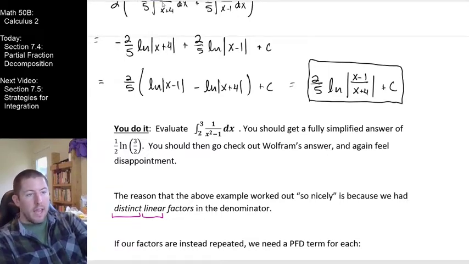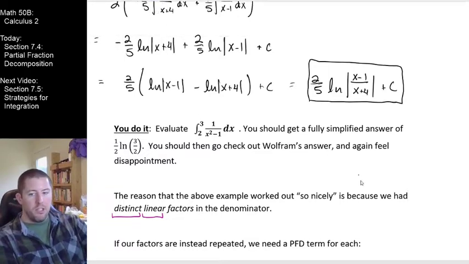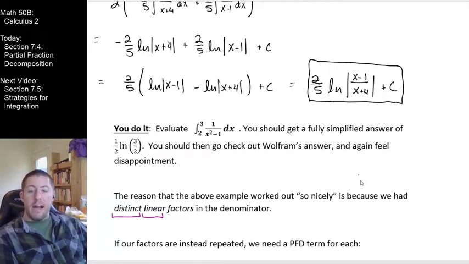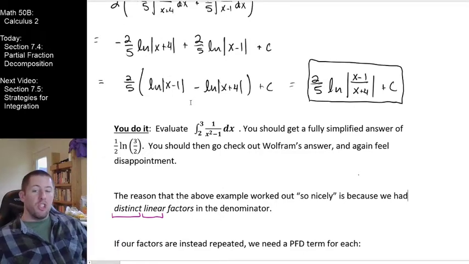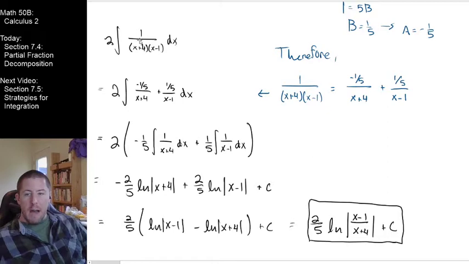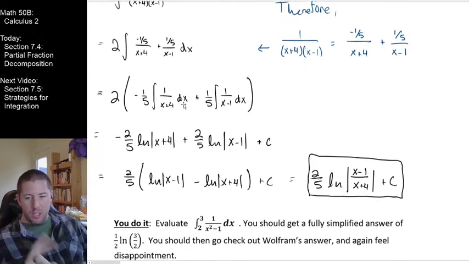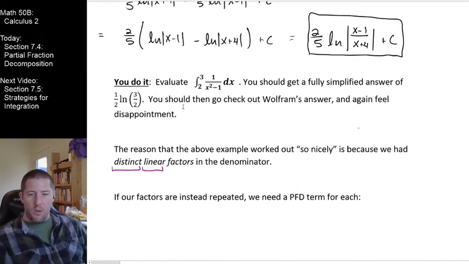That wasn't like x minus 2 times x minus 2. The other thing was that the factors we were able to break it down into were linear. It was just the x minus 1 and the x plus 4. We didn't have to factor it into like a quadratic times a cubic, and that was the best we could do. So the two nice things that happened here were, when we factored our denominator, it gave us two linear factors, and those linear factors were different from one another. Those are the two nice things that are subtle right here that weren't obvious.